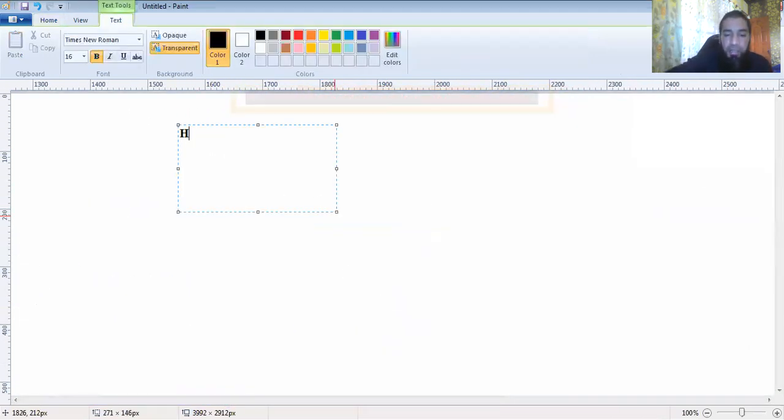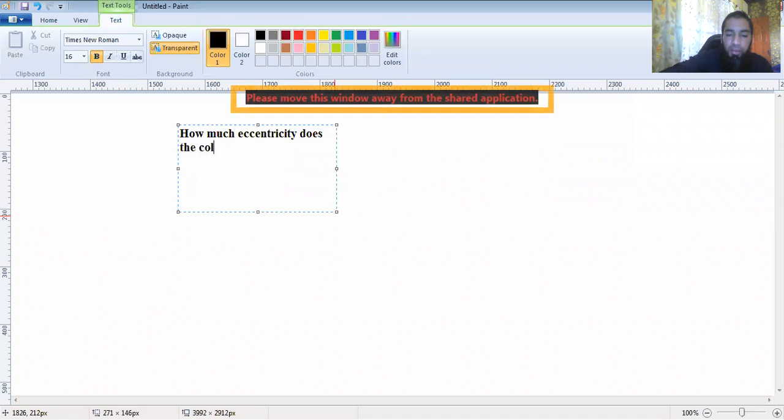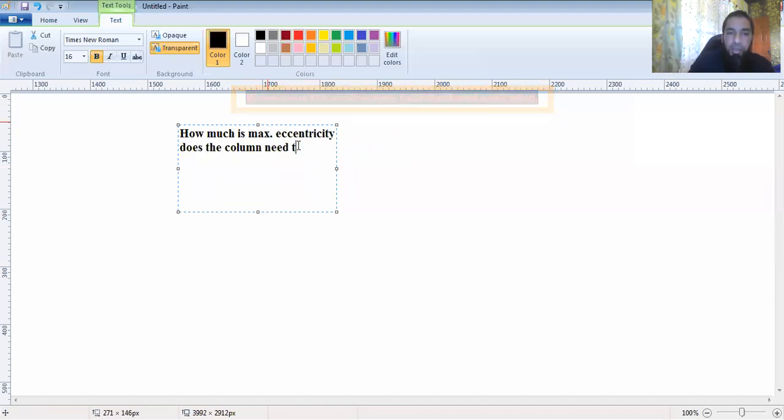How much is the maximum eccentricity that the column can take?